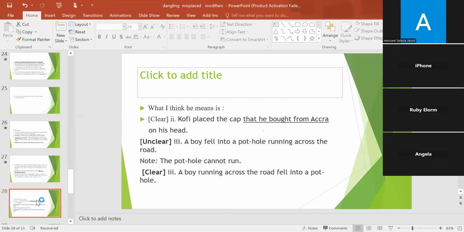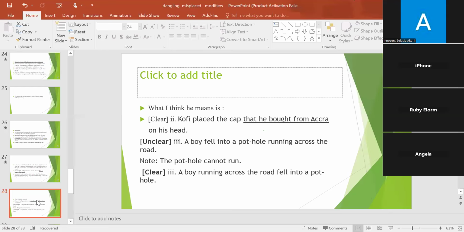But in the examination, nobody is going to ask you to identify whether it is a dangling modifier or a misplaced modifier. If our exam is going to be written, which I believe it is, you are given a sentence that is faulty, and you are asked to modify it.